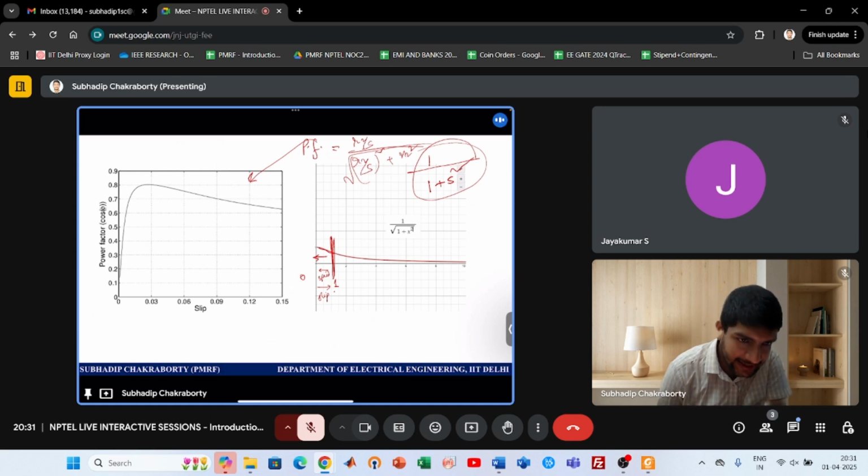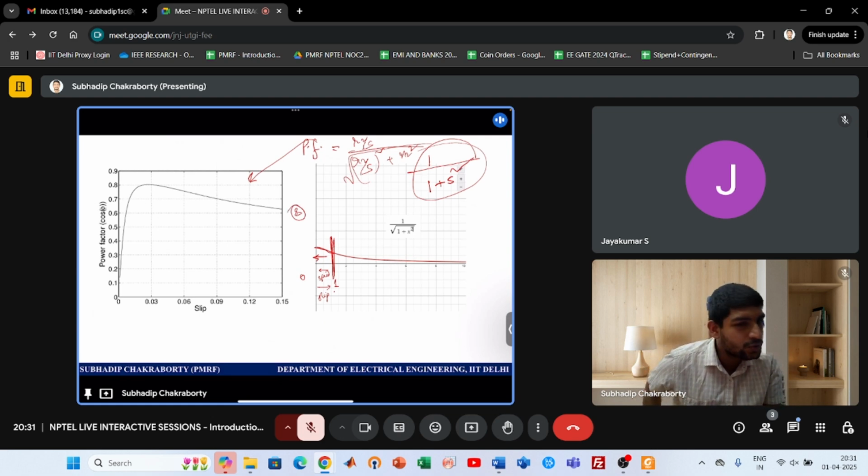So as I increase the speed for a given load, my power factor improves. That is also understandable because at no load, what is the slip at no load? Can anyone tell me?